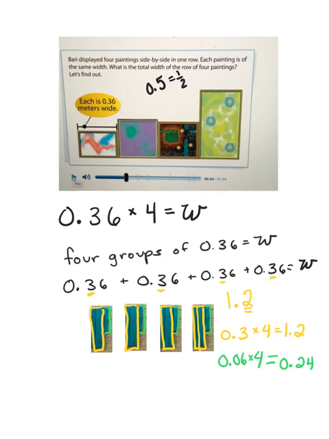So then my total is going to be 1 2/10 plus 24 hundredths for a total of 1 44 hundredths.